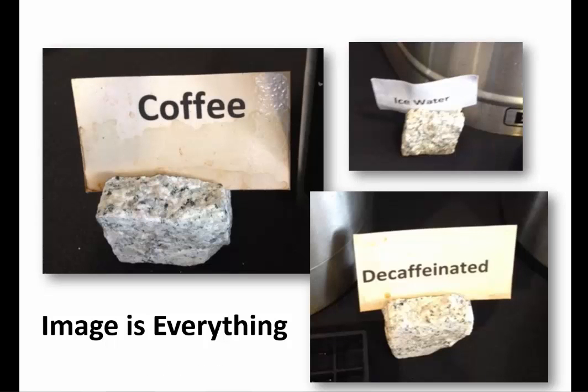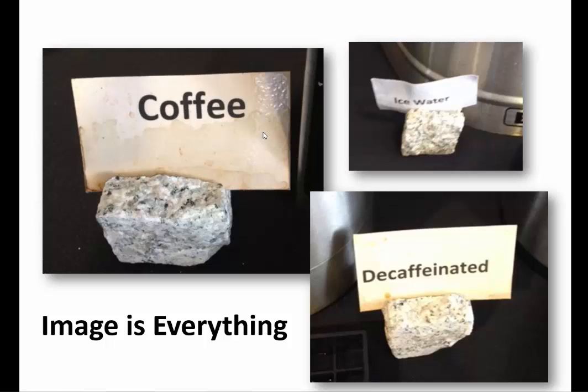I was at a conference recently, and at the conference they had a refreshment table set up outside the conference area. I just took a few snapshots of some of the labels that they had next to the refreshments. And I like to present this because this speaks to the credibility, I think, of the hotel.